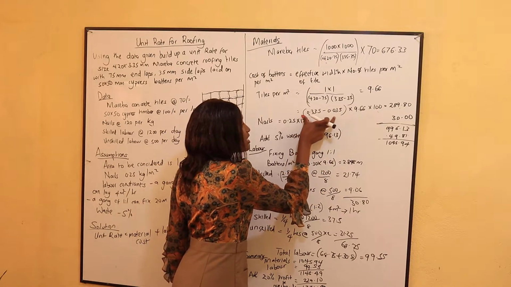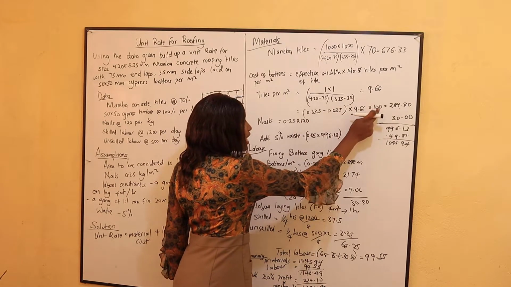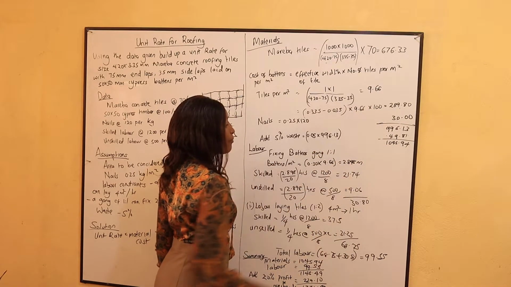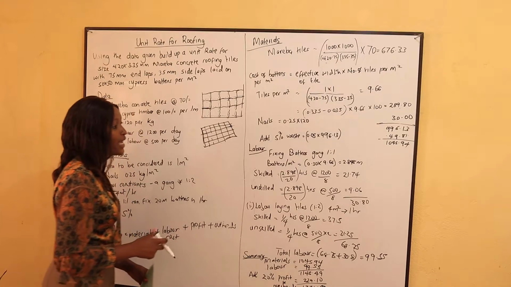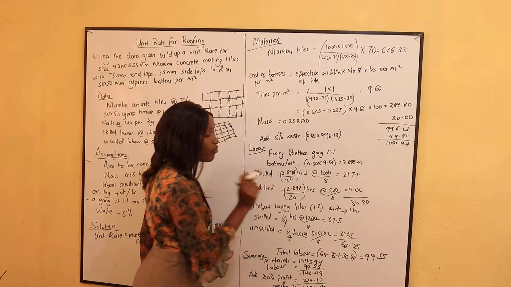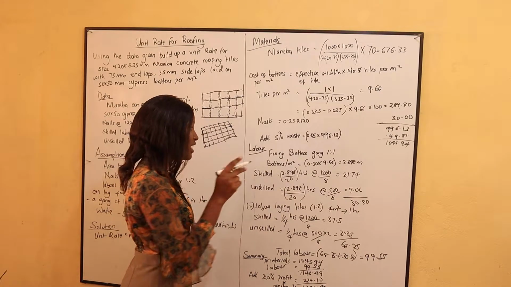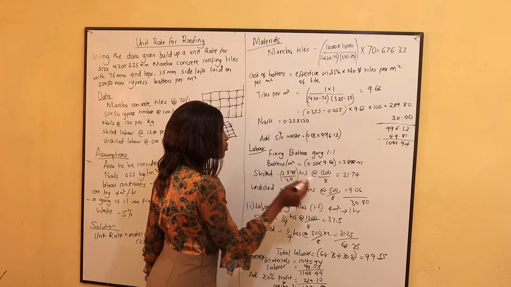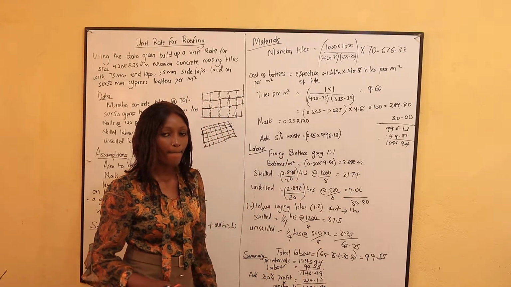Anyway, it's just taking this one times this one without taking 100 shillings multiplied by 100. So it shall be 2.898 meters. So this is the effective width of one tile multiplied by the number of tiles to get the length of buttons, or in 1 meter squared we get the total length of the buttons.